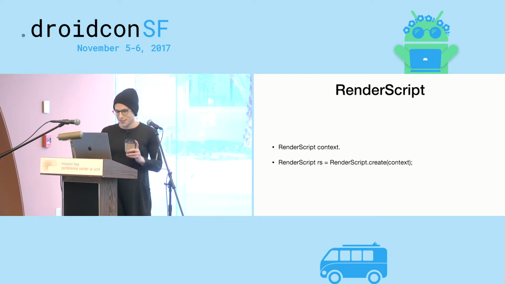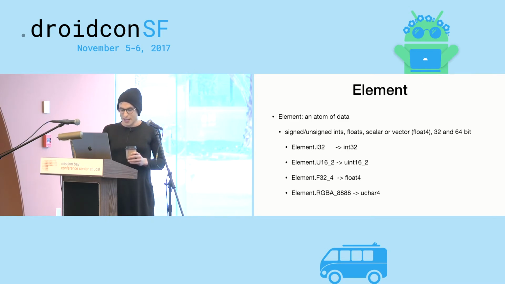So let's talk a little bit about the API. Renderscript context. This is like a context, a big sort of God object. We're familiar with these. Then element. When you're talking about mapping over something, you're mapping over a collection of elements. An element is the type information for an element; it talks about what its size is.